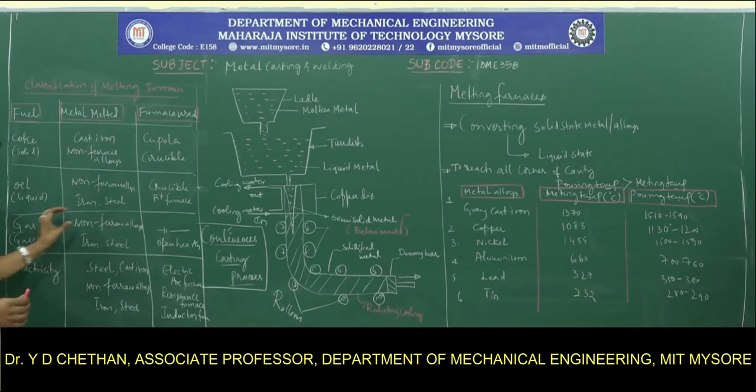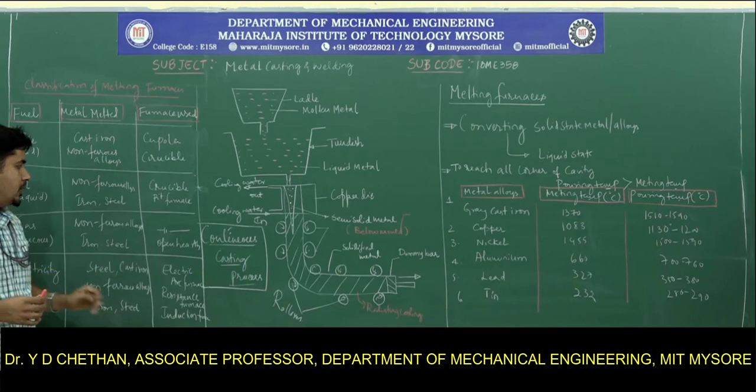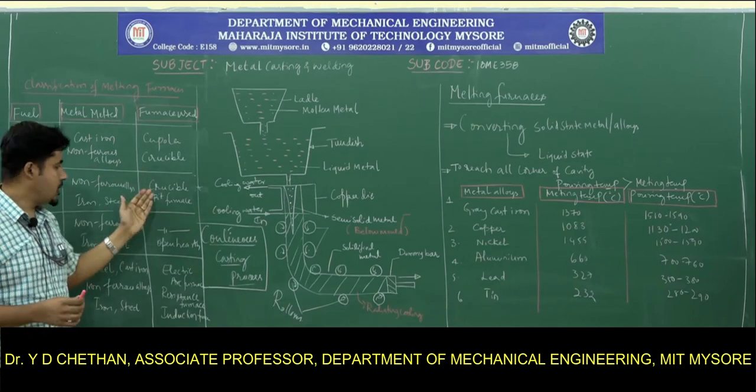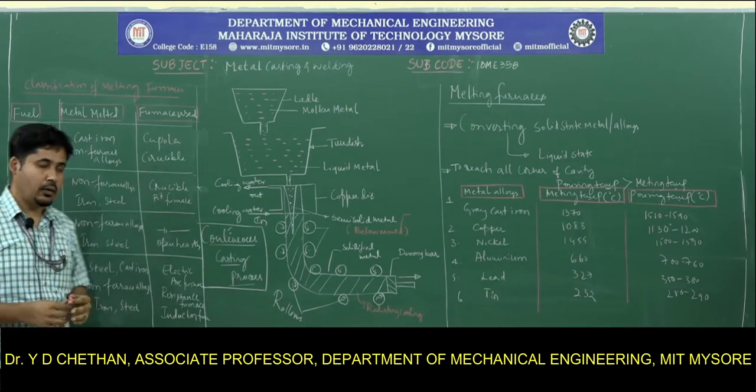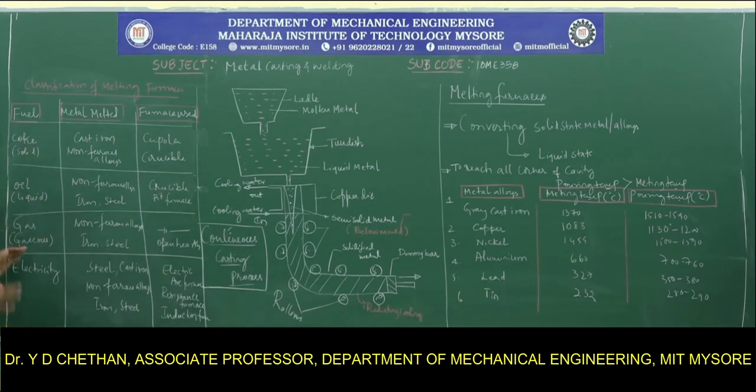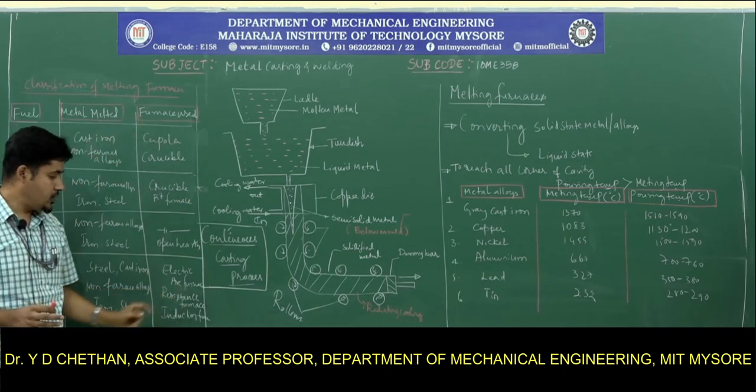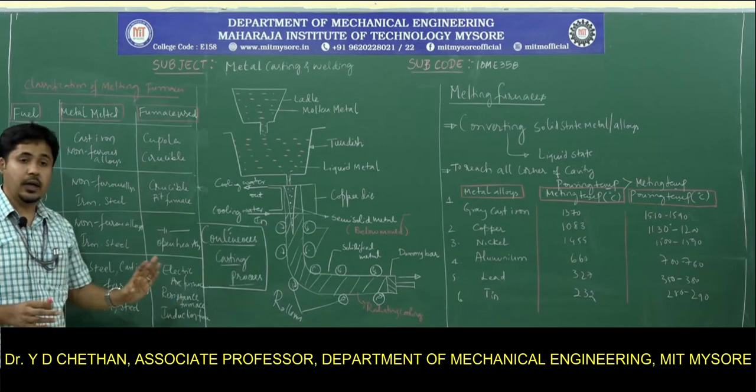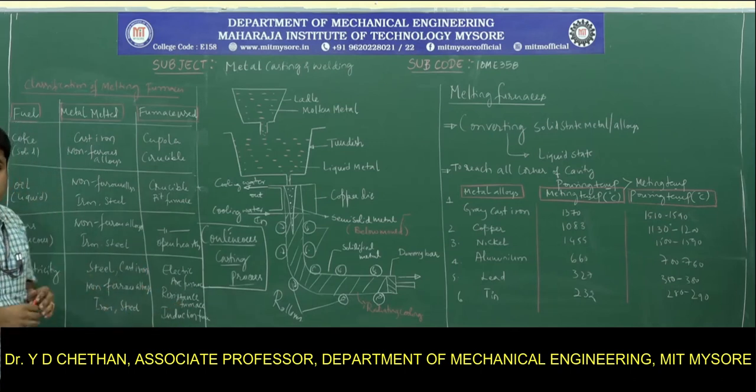You can accommodate non-ferrous alloys, iron and steel, and the furnaces are crucible and open hearth furnaces. Then the last one is where the heat source is electricity. You can accommodate different metals or alloys like steel, cast iron, non-ferrous alloys, iron, steel in electric furnaces, that is electric arc furnace, resistance furnace, and induction furnace. This is the classification of furnaces.